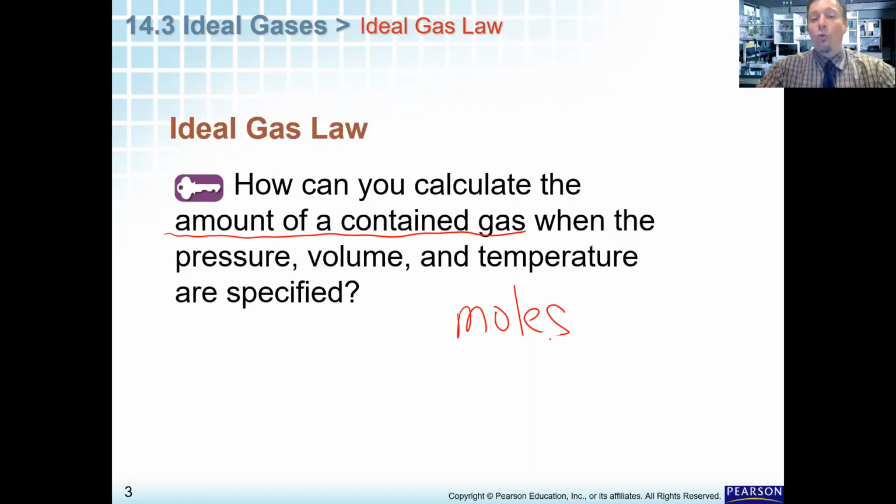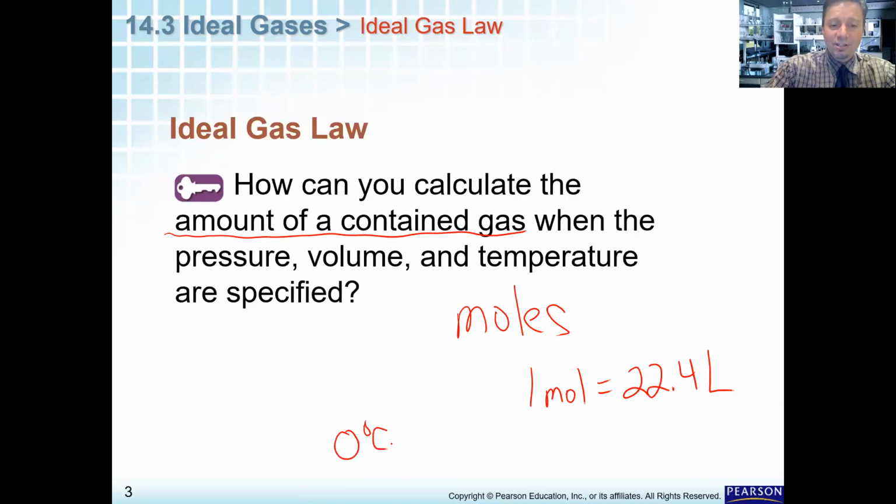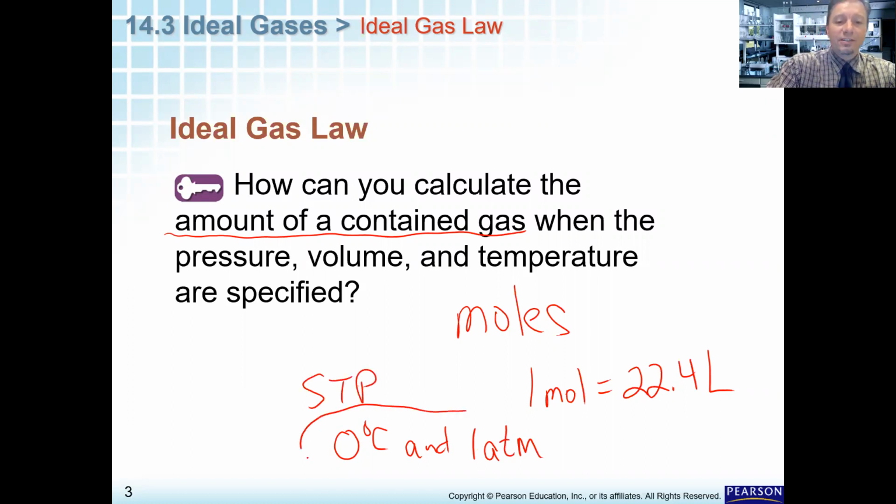We learned that 1 mole of any gas equals 22.4 liters at STP. And we learned that STP is standard temperature and pressure, which is 0 degrees Celsius and 1 atmosphere. So that was STP.